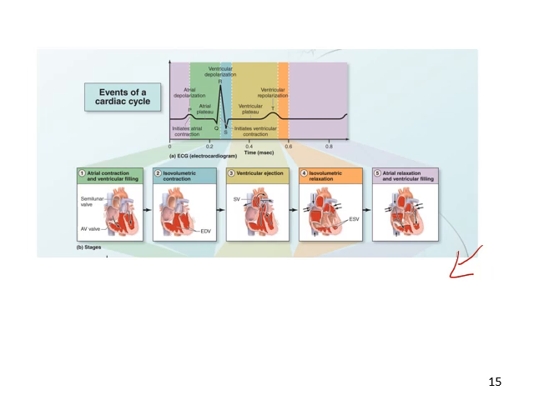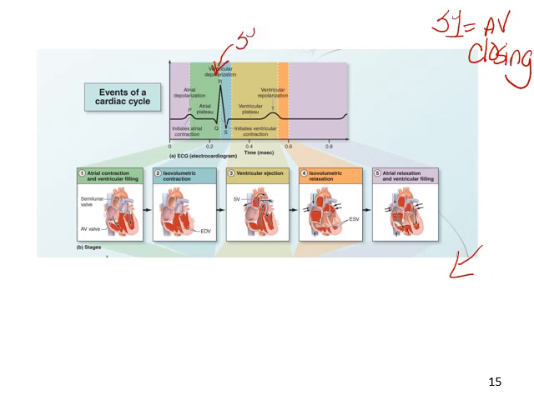What have we missed? We've missed the heart sounds. So remember, heart sound 1 is our AV valves closing. Where do our AV valves close? They close when the ventricles start contracting, and the ventricles start contracting right here.